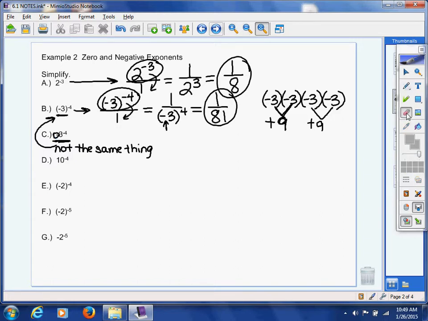So let me erase just a little bit here. There we go, and get my pen back up here. So I've got the opposite of 3 to the -4 power. So what you can do, because you know there aren't parentheses there, you can leave that negative sign out here in no man's land and just write 3 to the -4 power, just like that.